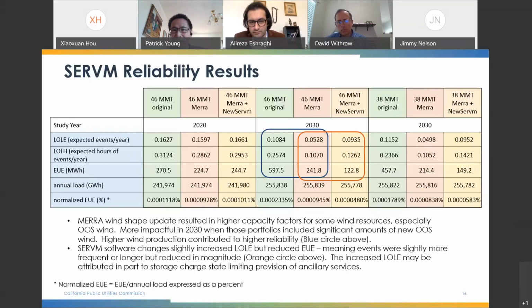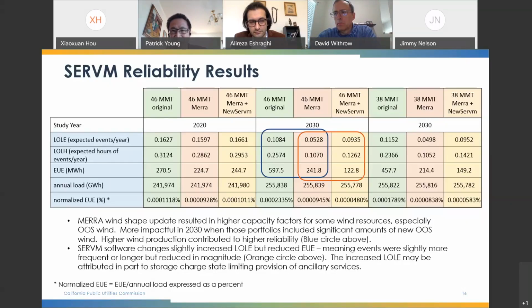So this higher wind production from these rebuilt wind shapes contributed to higher reliability, which you can see in the blue circle. The LOLE, LOLH, and EUE metrics all went down.